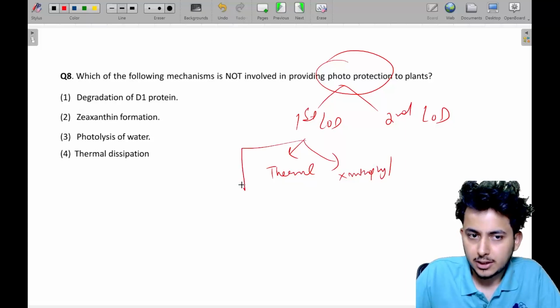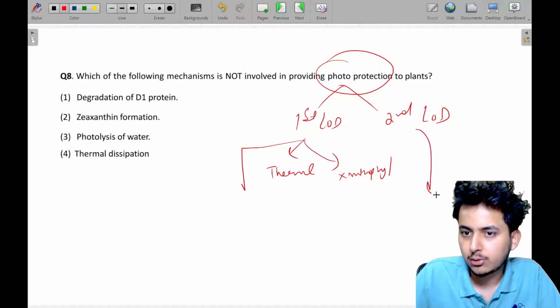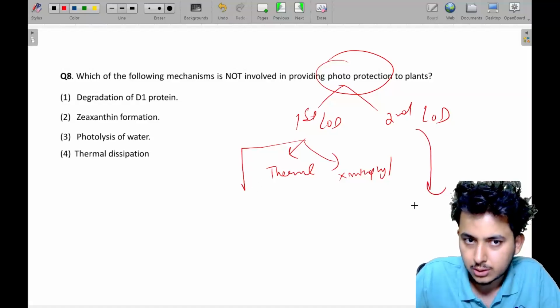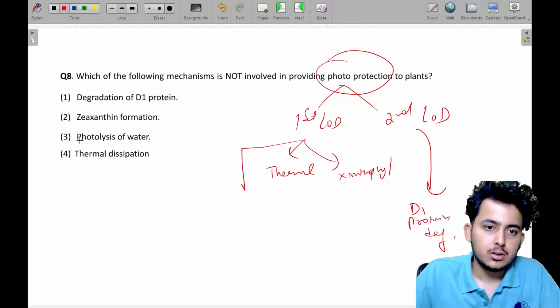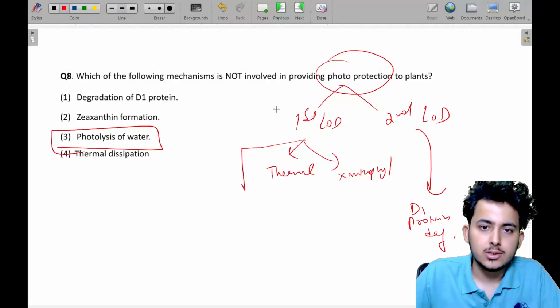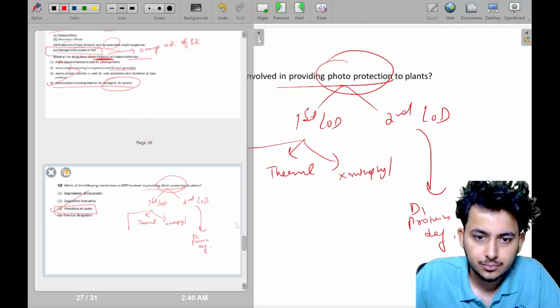Then in the second line of defense you can have photoinhibition, in which you have D1 protein degradation. But the photolysis of water is not involved in providing any protection. So that is the answer.